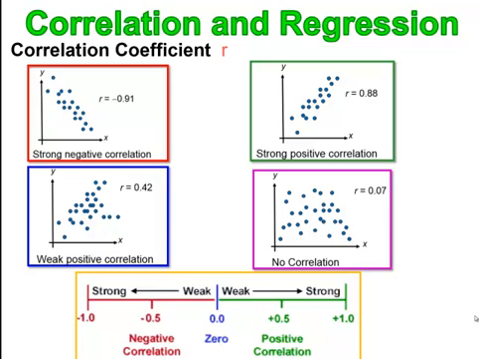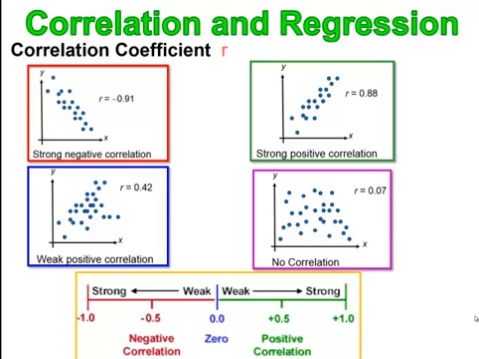So looking at the scale at the bottom here, if we have a value from -1 to -0.5, it would be considered a strong negative correlation. But between -0.5 and 0, it would be considered a weak negative correlation or no correlation. And the same goes for the positive correlation.